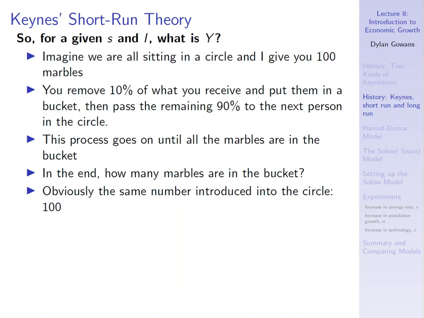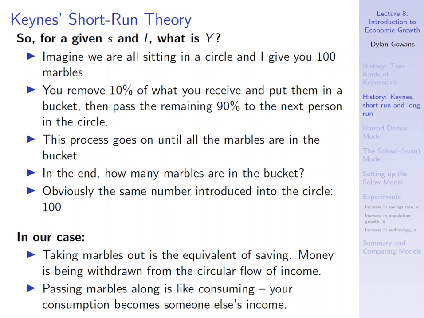Okay, so what does this have to do with our theory here? Well, in our case, taking marbles out is equivalent to saving, right? In the very simple model I just showed you, when I save, money is being withdrawn from the circular flow of income. Alternatively, when I consume, which is the equivalent of passing marbles along, my consumption becomes someone else's income, and it continues to flow through this circular flow of income.